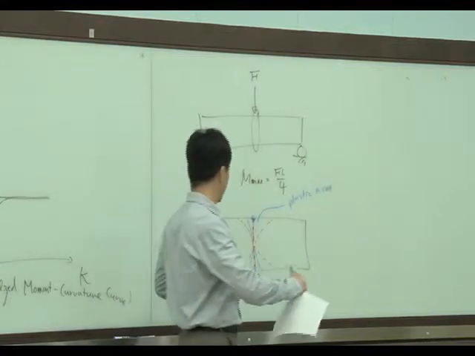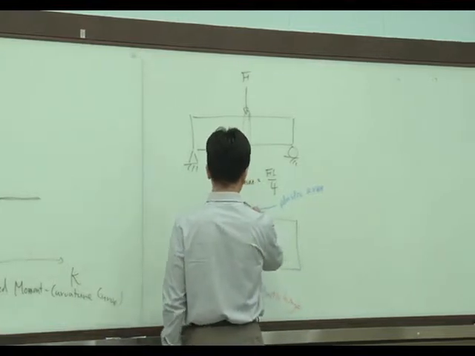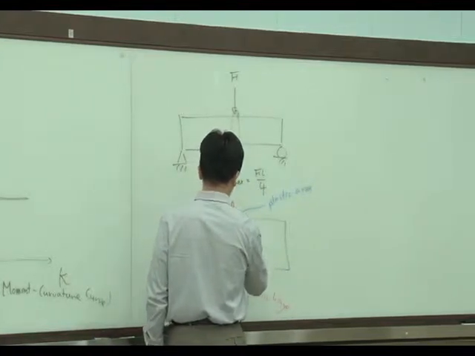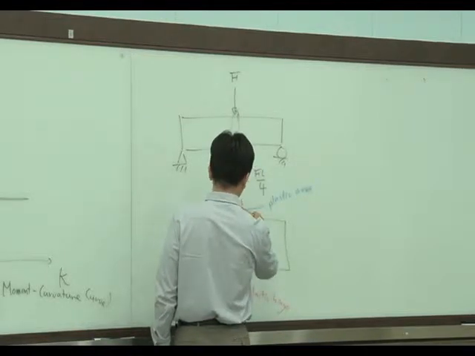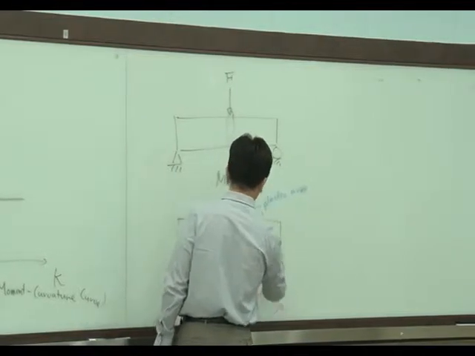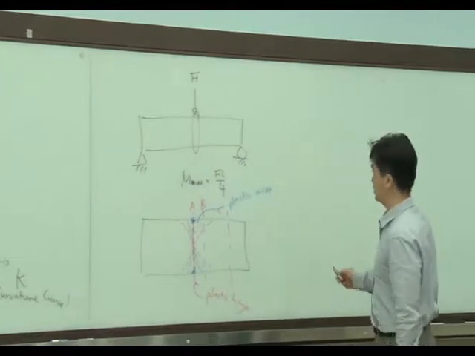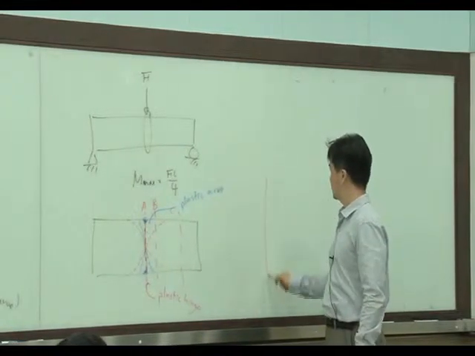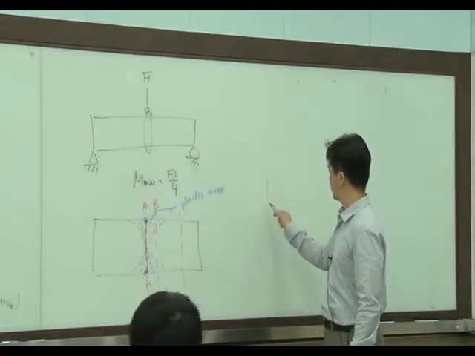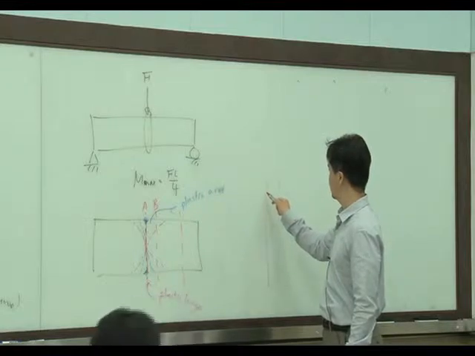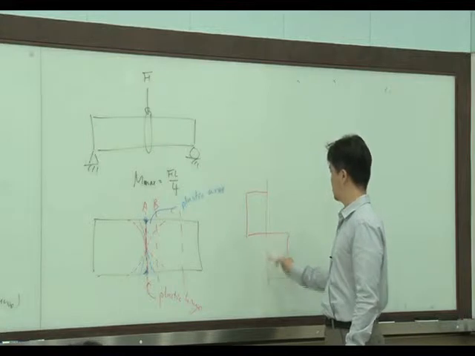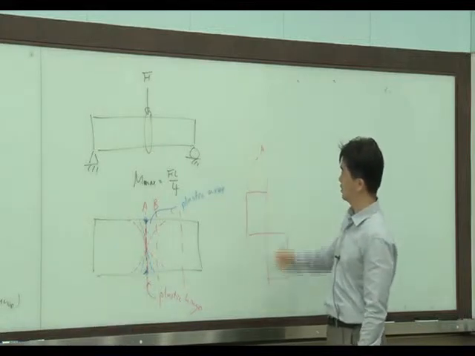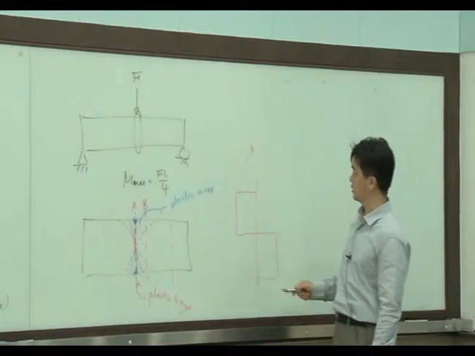So, for example, let's say here is a section A, here is a section B, and here is a section C. Then at section A, the stress distribution is this. This is section A. Okay? And how about section B?